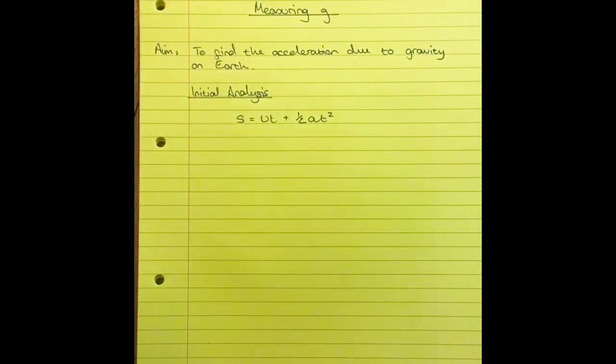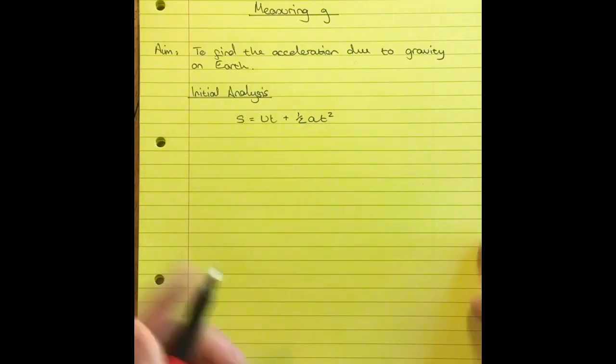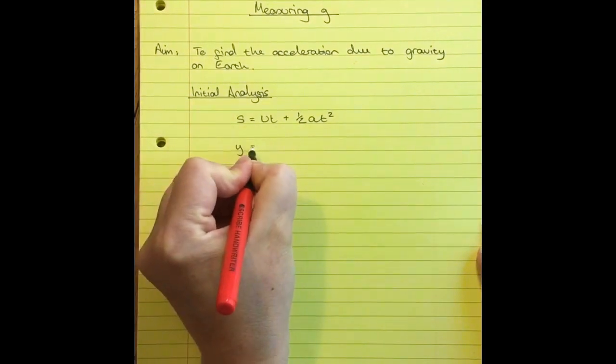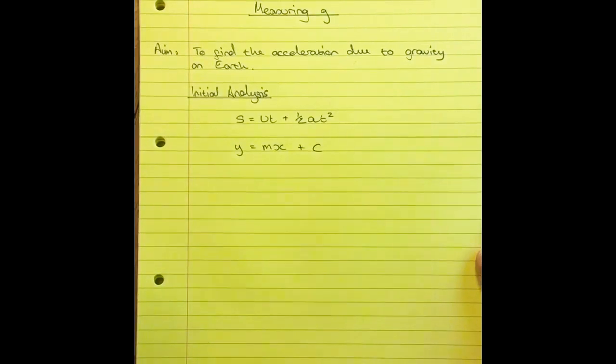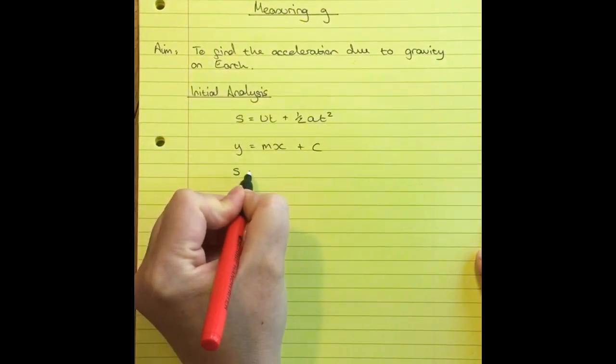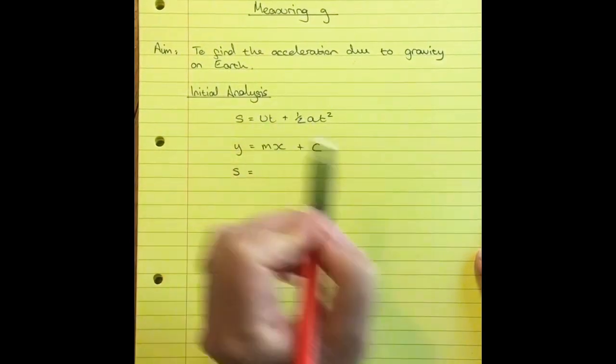And we can pop this equation of motion into the form of y equals mx plus c, and that will allow us to see, if we measure certain quantities, how they'll relate to each other, what our gradient might look like, and if we'll get a straight line. So y equals mx plus c, so s is y, and then we literally just swap these two around.